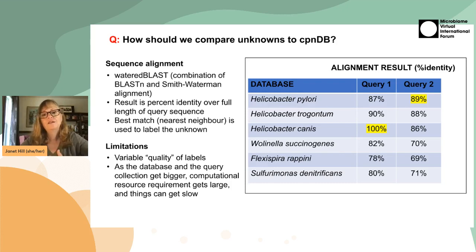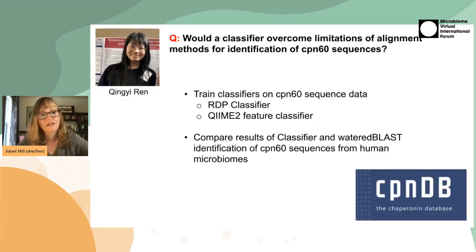So we wanted the ability to do variable rank classification and to have a confidence score for these identifications. And so we turned our attention to looking at classifiers, which have been widely used for 16S identification and metagenomic sequence identification. So Qingyi Ren in my lab trained a couple of popular classifiers, the RDP classifier and the QIIME2 feature classifier, on cpn60 data just to see how it would perform.